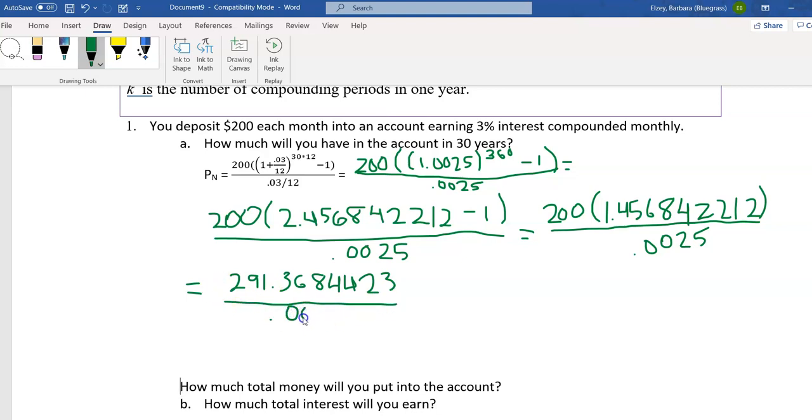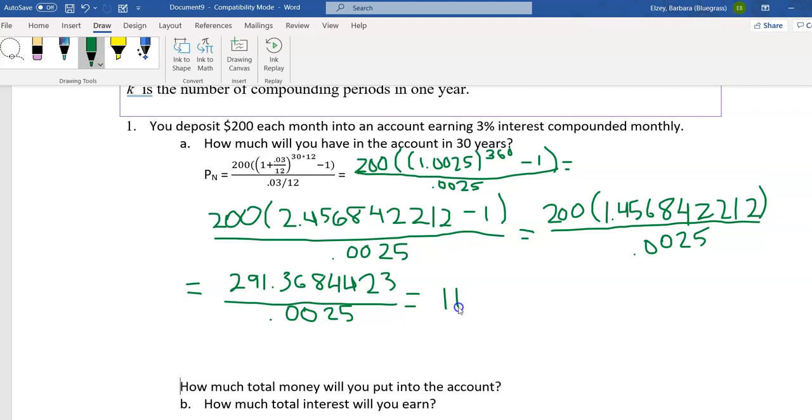Now, be sure to keep all these decimal places that I keep in the problem. Otherwise, you'll enter something into my open math and it will be wrong, because it really does make a difference if you round your decimals too early. All right, so now that I'm at the final division of the top divided by the bottom, I'll go ahead and round to cents.